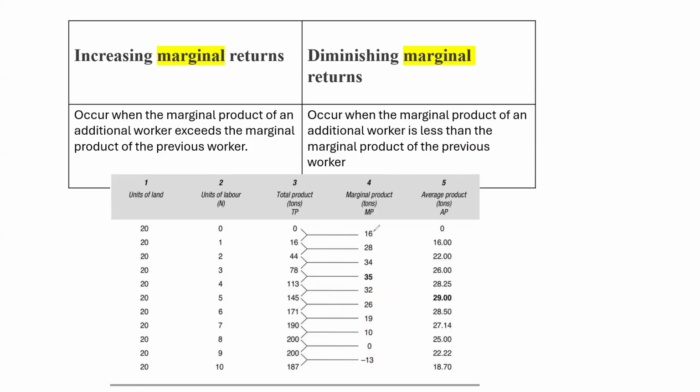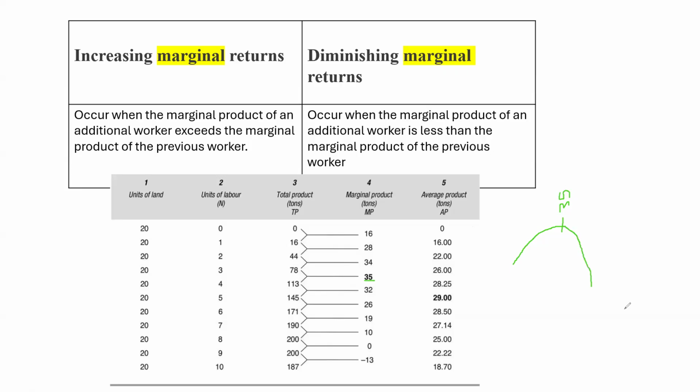At this point where you're experiencing increasing marginal return, your graph will be like this until it gets to this point, which is 35, because your marginal product is at its maximum here. So until you reach 35, and then after that, you start to experience diminishing marginal return.